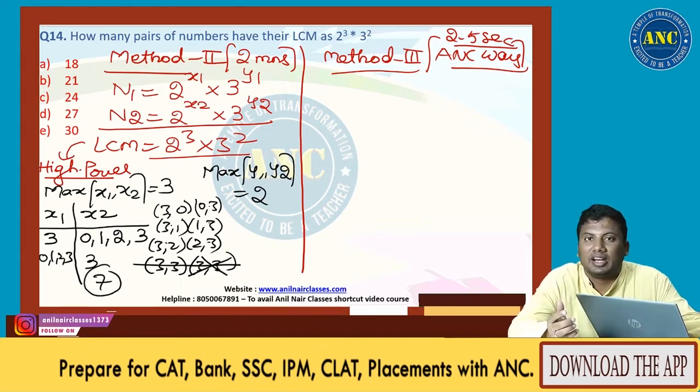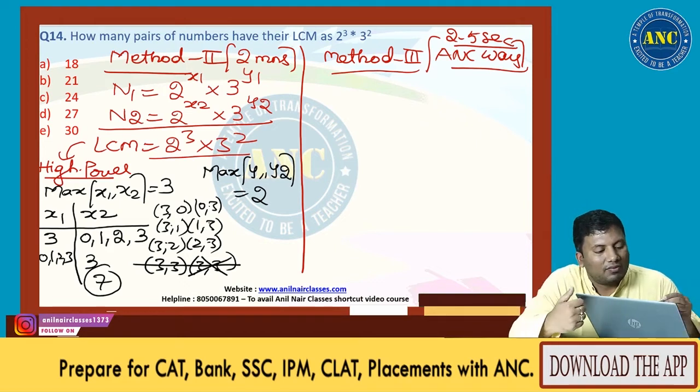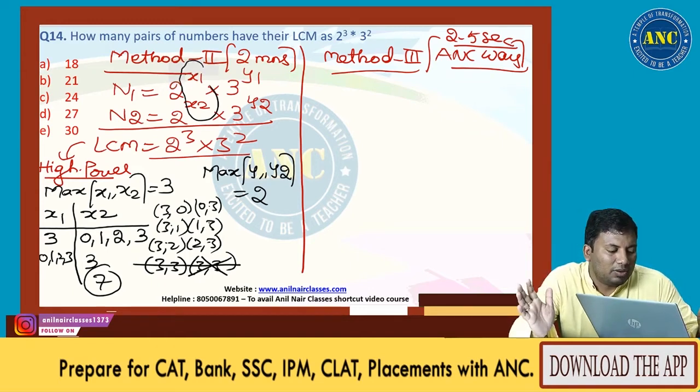I hope it is clear. If x1 takes 3, x2 can take 0, 1, 2, and x2 can also take 3, the maximum value I have to give. If x2 is 3, x1 can be 0, 1, 2, 3; 3,3 is duplicated.